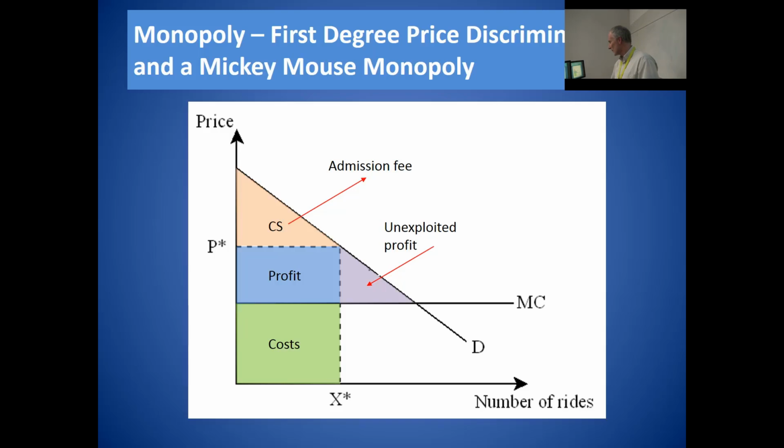And so rather than charging a price of P star, the way that it exploits this profit here is by reducing the price of individual rides. If you reduce the price, the demand for those rides will increase. And in doing so, the firm will make more profits.